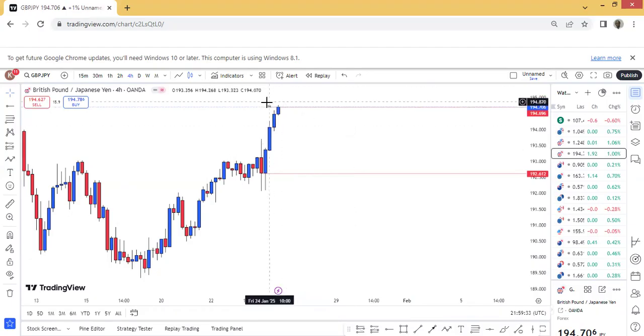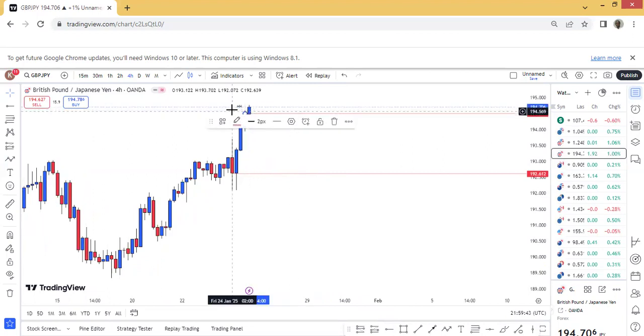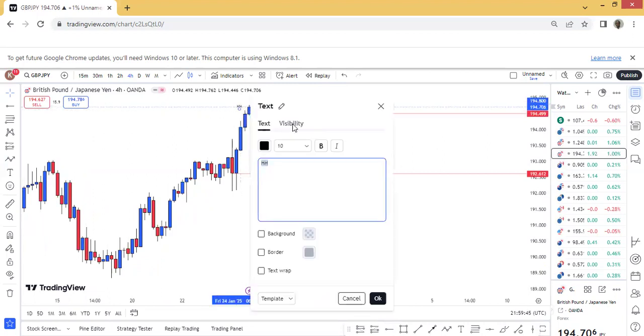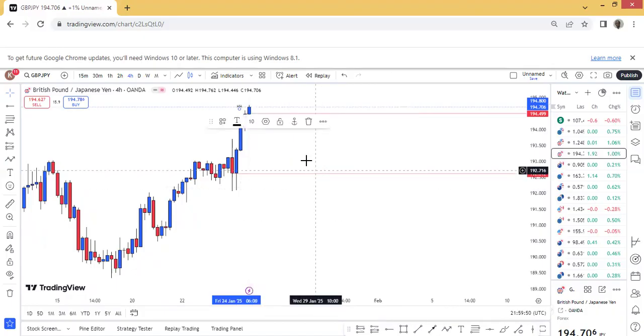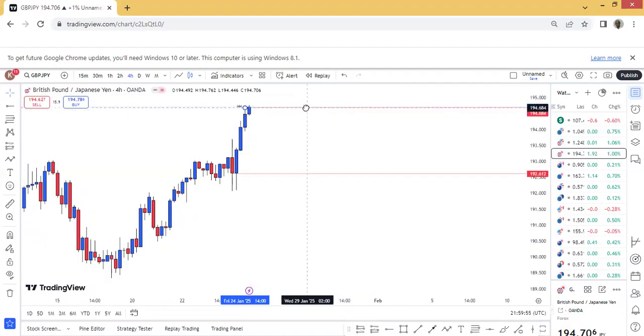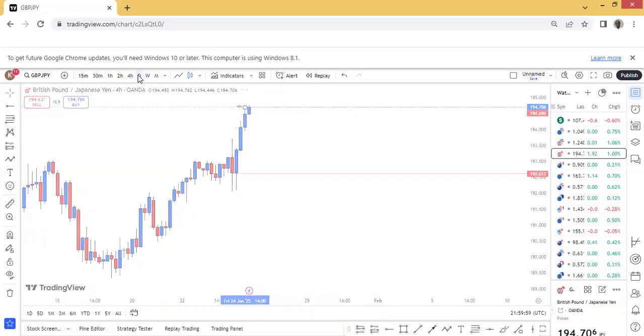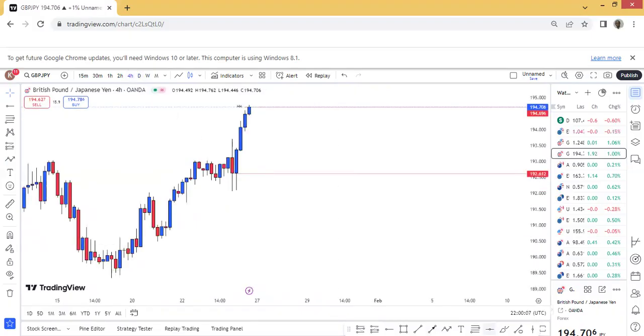Coupled with the fact that the weekly gave us a huge engulfing candle that engulfed the previous week candle. You get it. So it tells you that we are bullish. And for that matter, we are going to be looking for buys.